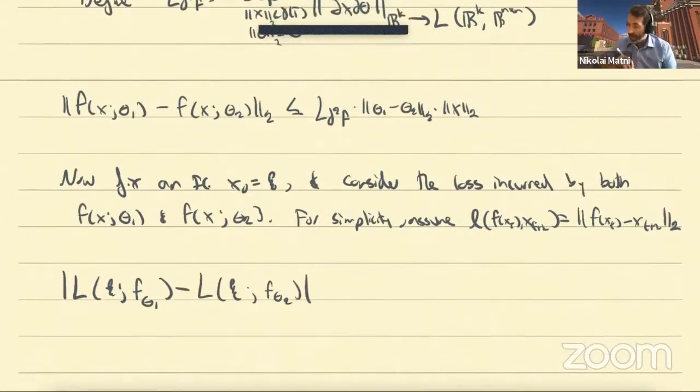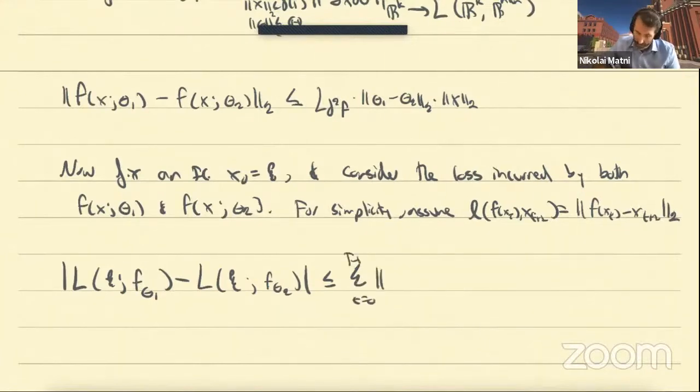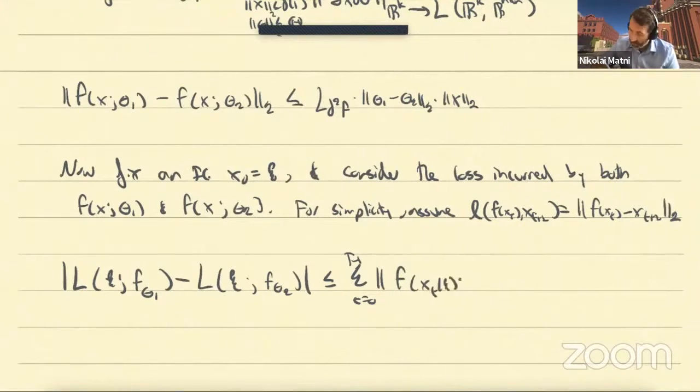Now, if you expand stuff out and apply the reverse triangle inequality, we get that this is bounded above by the following delta between my 2 predictors.